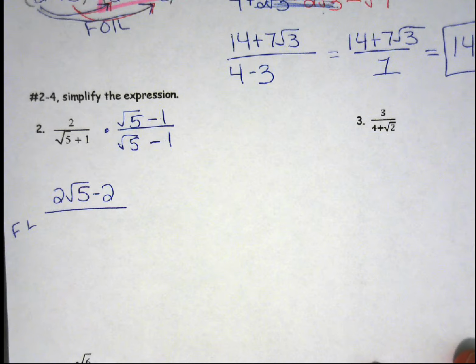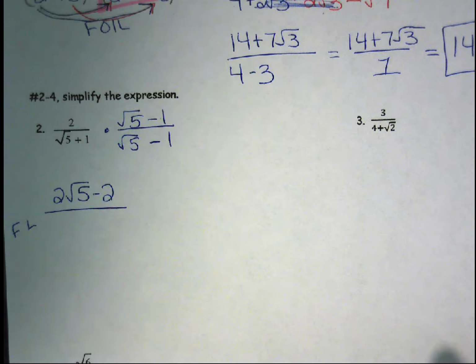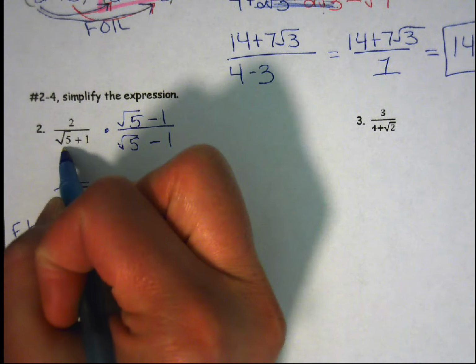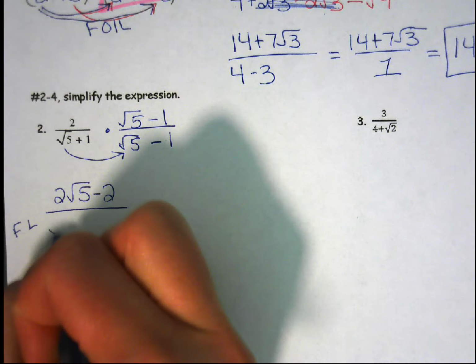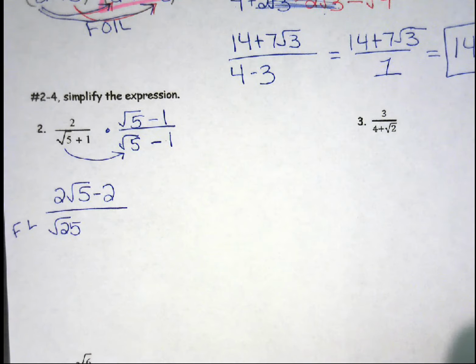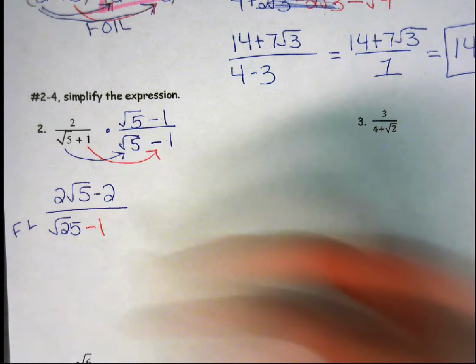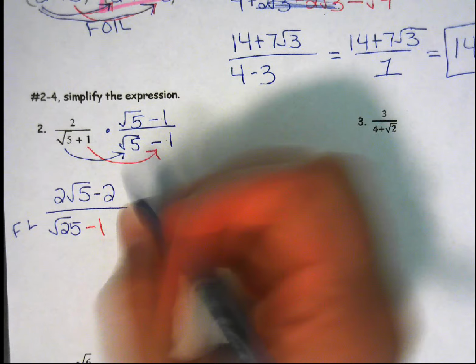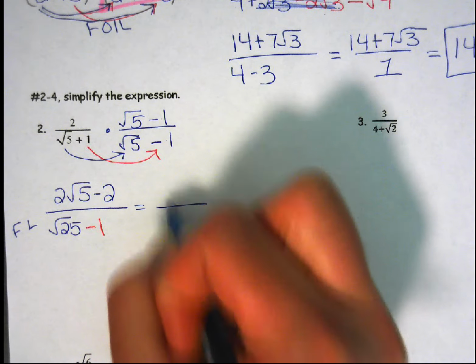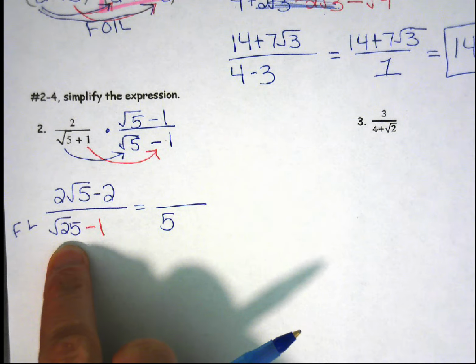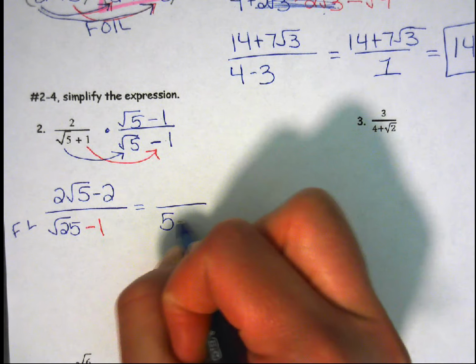We don't need to do the outers and the inners. So we're going to go square root of 5 times square root of 5. And then we're going to do the last, which would be 1 times negative 1. Like that. So let me clean up the bottom here. So this would be 5, square root of 25 is just 5, minus 1.